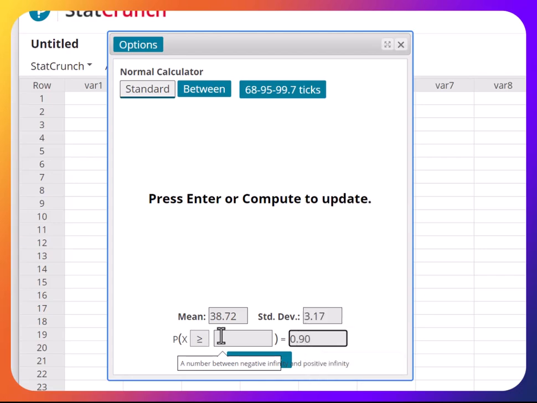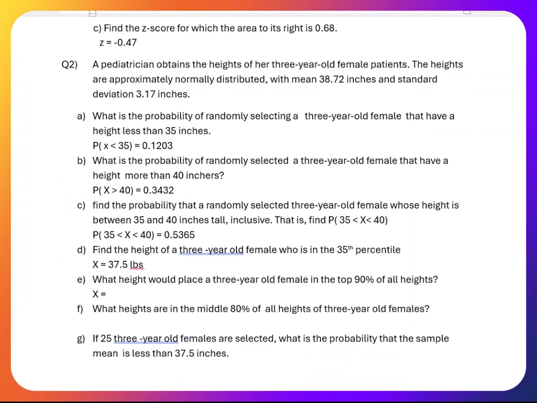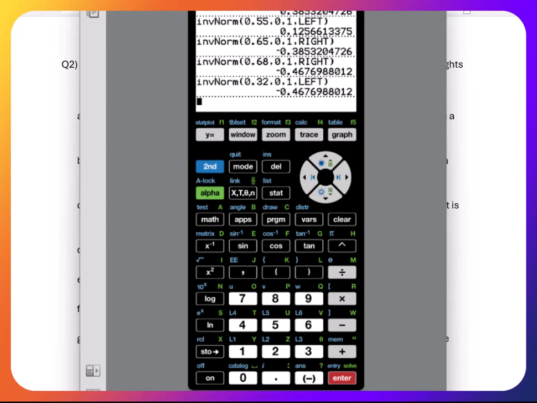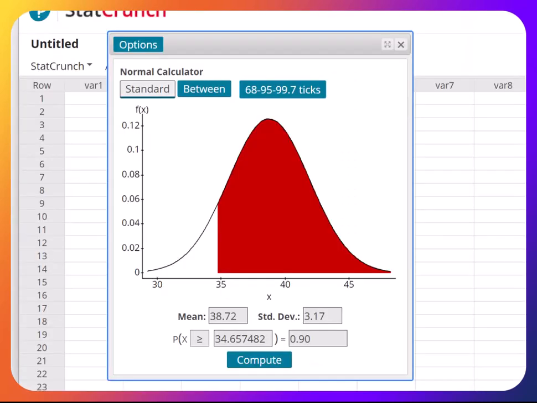And then the answer is, let's just go back. So, right here. 34.65 or 66. Okay.